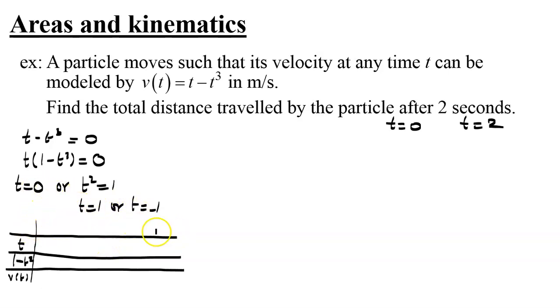I start by setting up the roots on the number line for the first row: negative 1, 0, 1. The first factor, t, is 0 at t equals 0, and negative 1 and 1 are roots of the quadratic factor. They are also roots of the velocity. Let's distribute the signs for each factor.